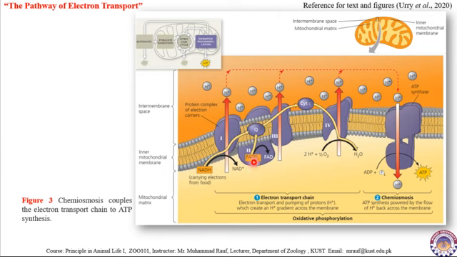The reason is that it enters complex 2, and therefore when the process starts here, lesser energy is given out for the pushing out of hydrogen ions as compared to NADH, which enters complex 1. So the electrons delivered by NADH pass through more carriers as compared to the electrons delivered by FADH2.